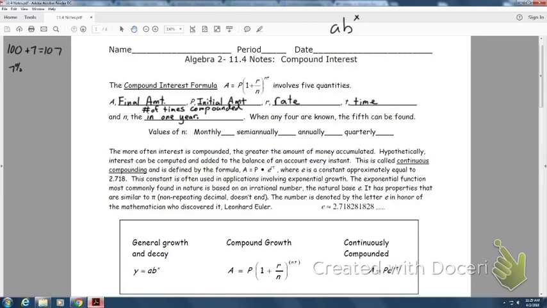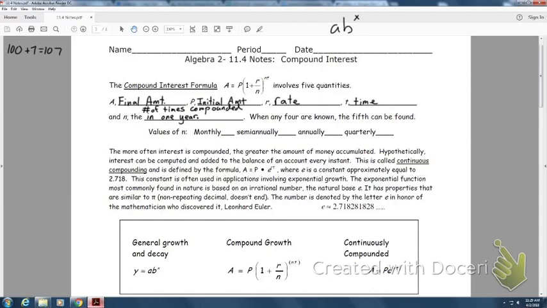So it combines those two, okay, the current balance and the interest that is accrued from it, depending on the balance and the rate, and then they add them together. So the new balance would be 107, okay, which is good if it's a savings account and not so good if it's, say, a credit card.